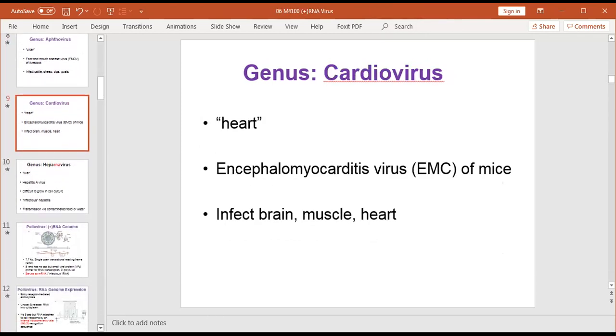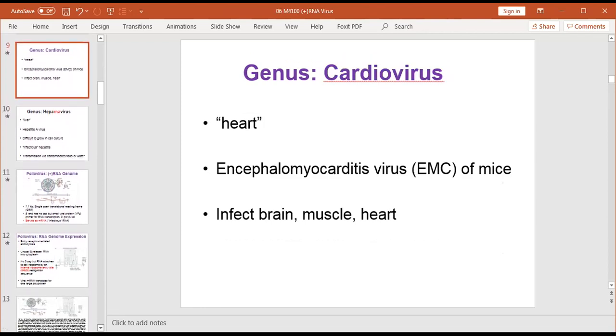Slide number 9, another genus of the Picornaviridae family of viruses is called cardiovirus, cardio meaning heart, and it infects the human brain, muscle, and heart.